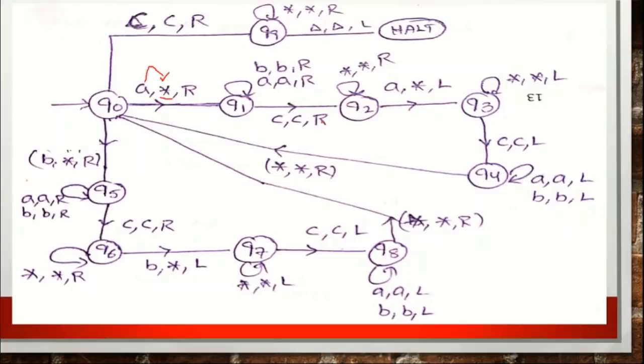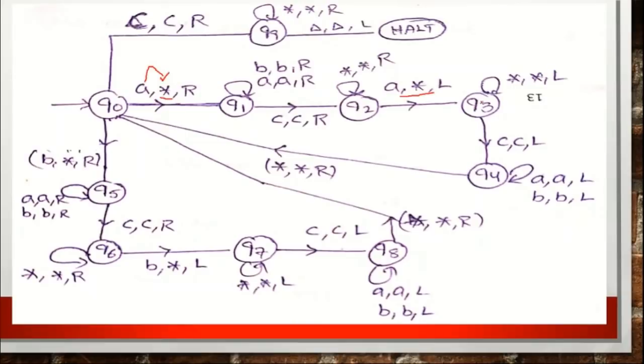After C, whatever input we are expecting, A is the input. So when we read A, it can be converted to star and then move left. So we will go back up to the previously marked symbol. So that's why we move left. Next, this is the transition.